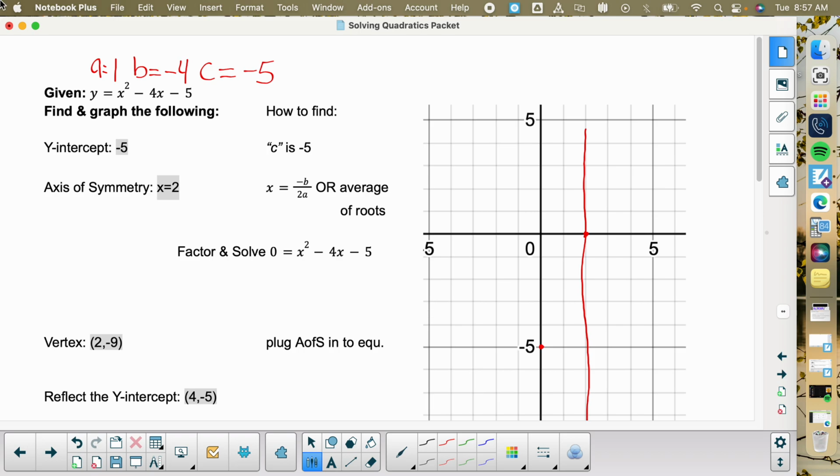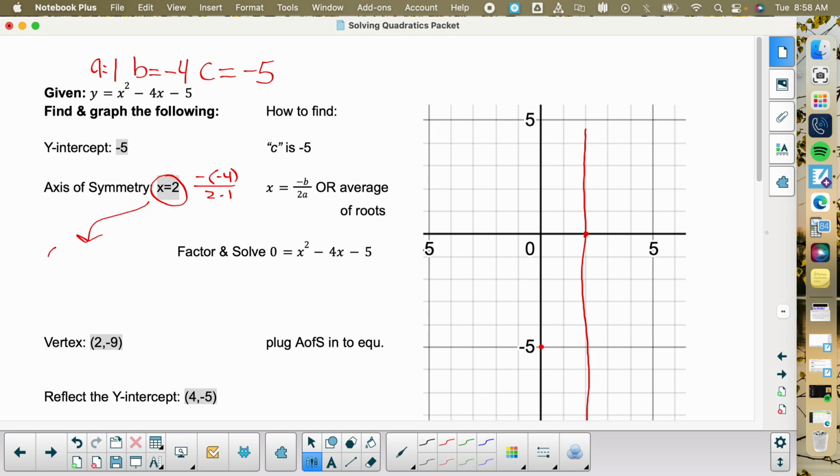Now, I feel like I probably don't want to call on somebody for the next one because that's usually the hardest one. Does anybody remember how we find the vertex answer though? Like we wrote it down on that last page. Yeah. Perfect. We are going to take this answer and put it into the equation we were given.